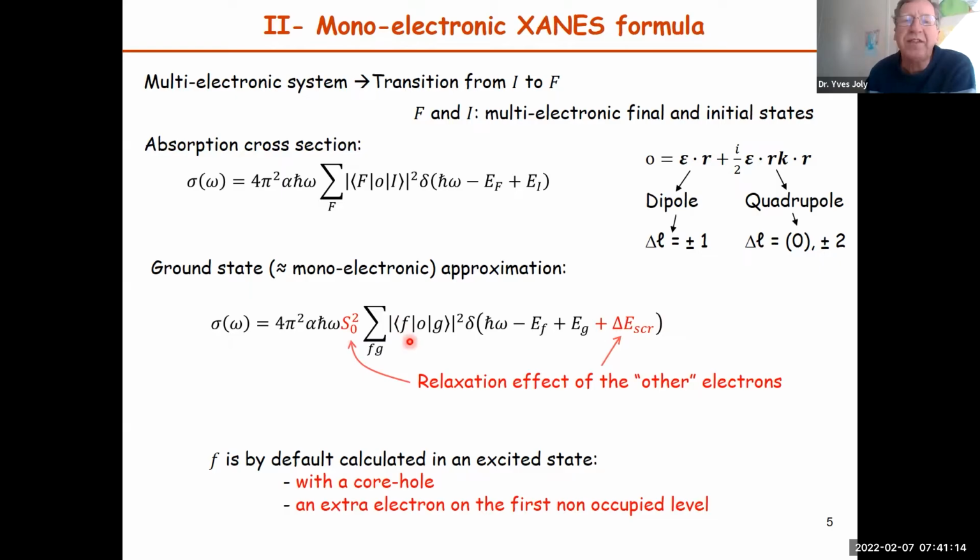And also all the other electrons, because they contract down to the core level, lose some energy, so there is a variation of energy. Often, when you look at the formula, we forget these two terms, but they are there.